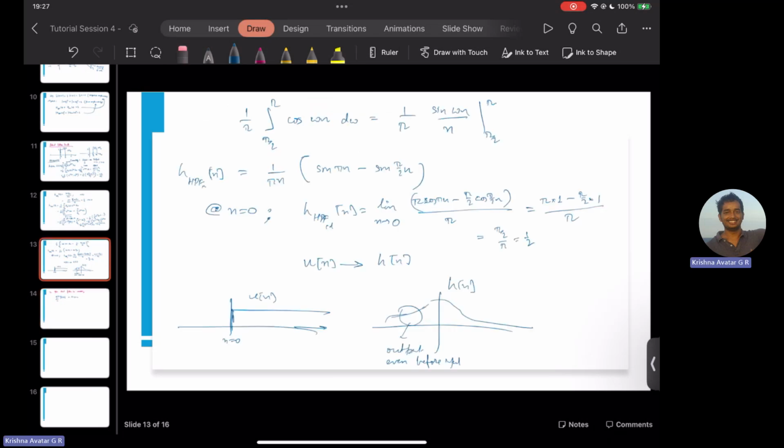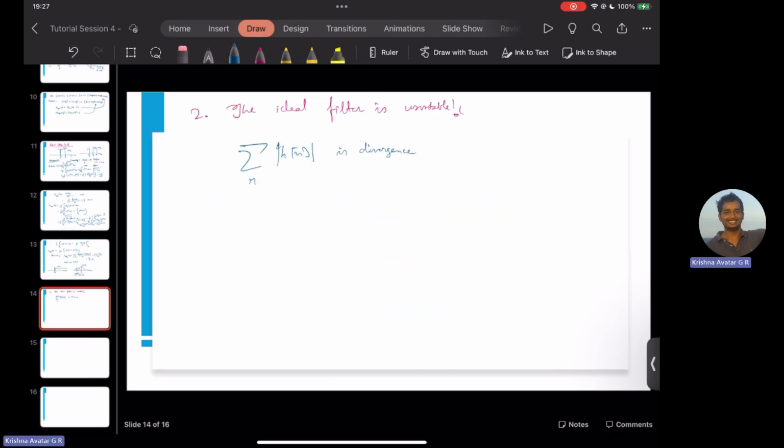We can even look at this from the graphs here. For the ideal low pass filter, LPF, we had h of n equal to sine of pi by 2 n divided by pi n for n not equal to 0, and half for n equal to 0. When you sum all of them, n from minus infinity to infinity, let's take the first half.